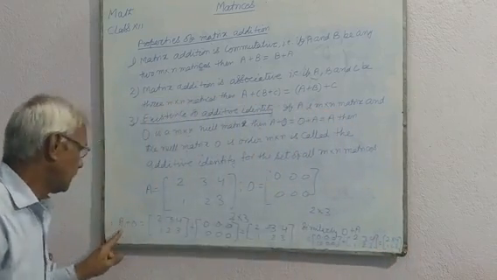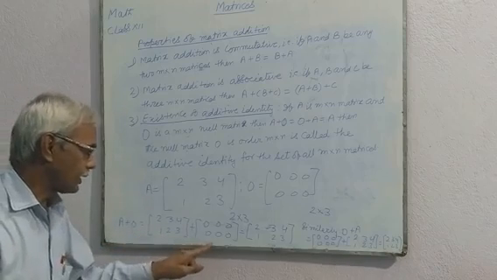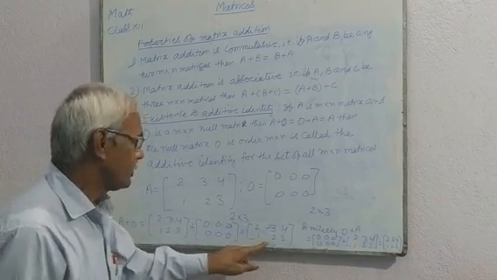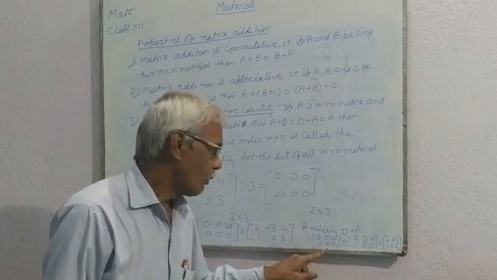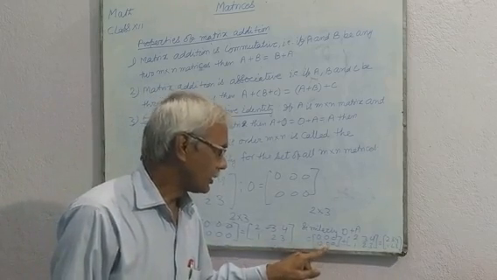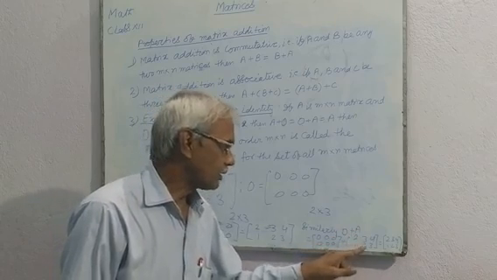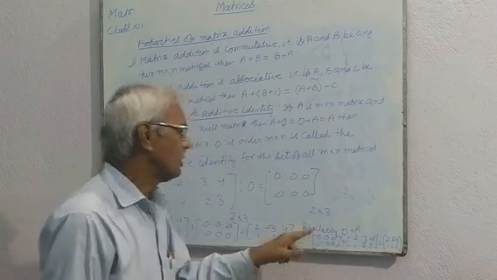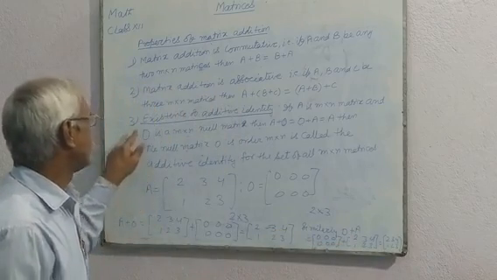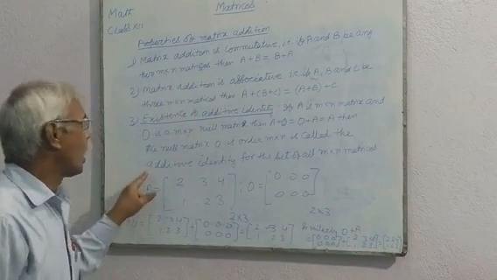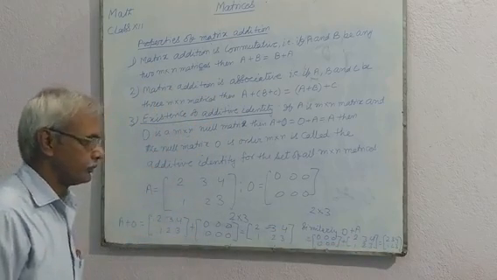When the O matrix is added to matrix A, we get matrix A. When the null matrix is added to A, it becomes A. The null matrix O is called the additive identity of matrix A.